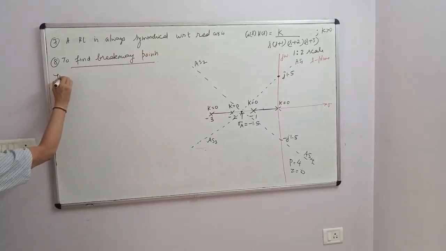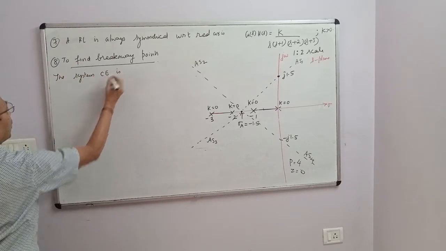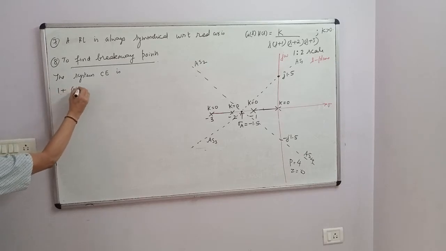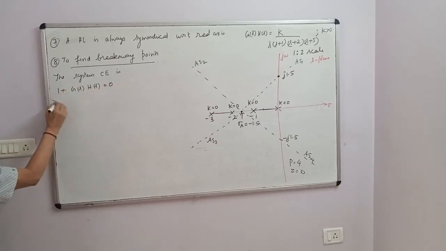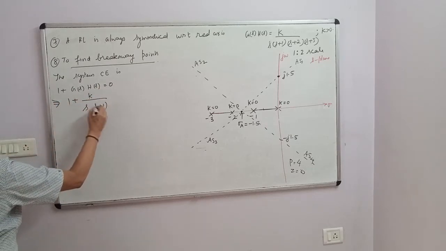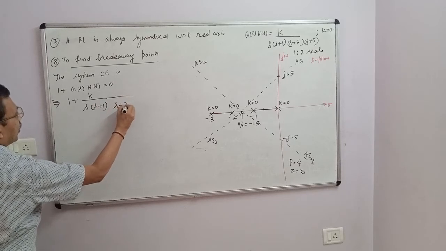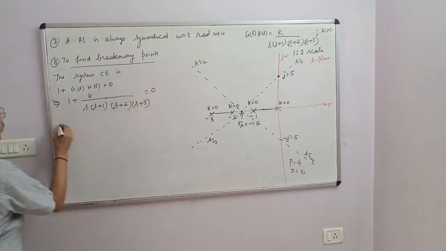The system characteristic equation is 1 plus g of s h of s equal to 0. This implies 1 plus k divided by s into (s plus 1) into (s plus 2) into (s plus 3) equal to 0.